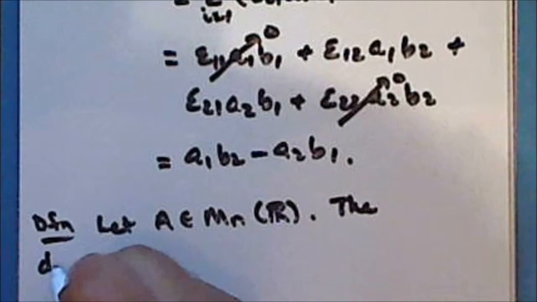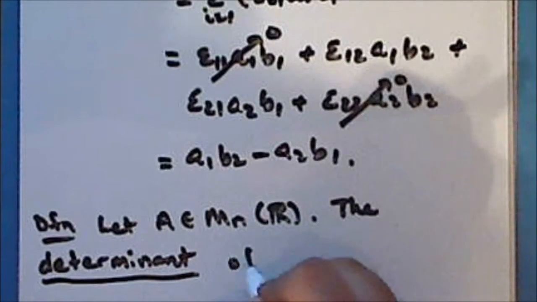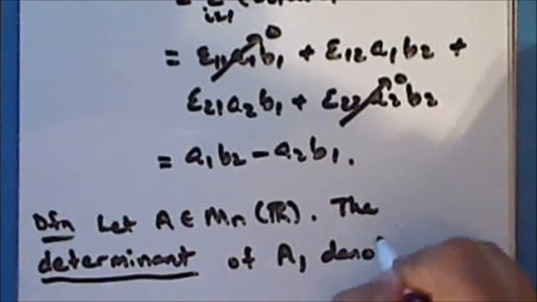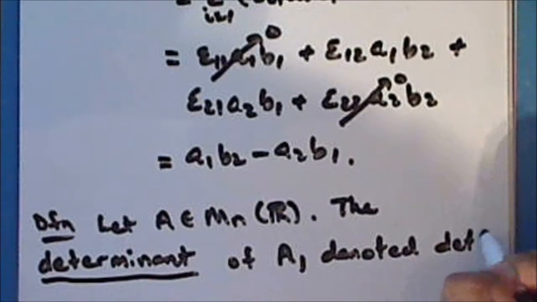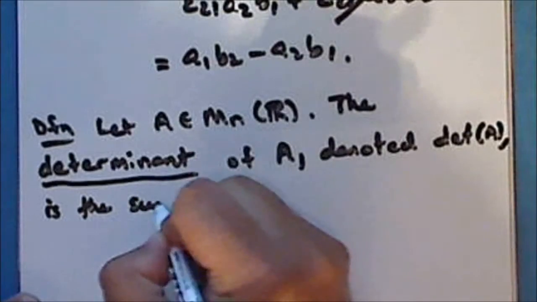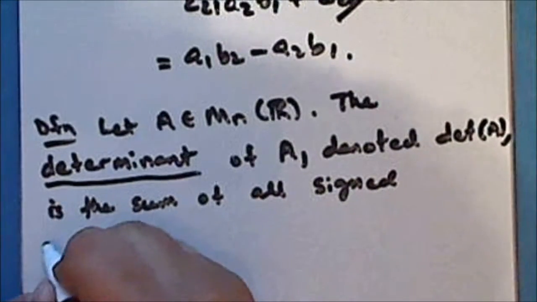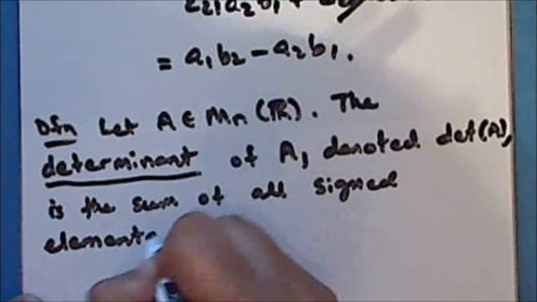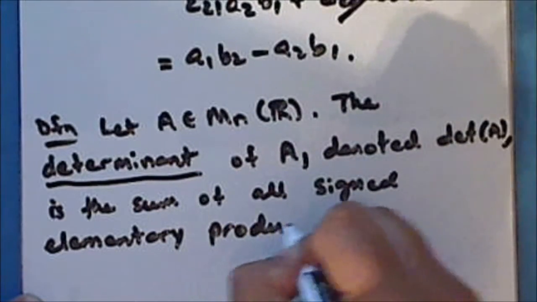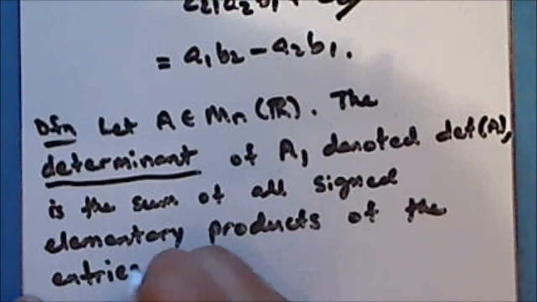The determinant of the matrix A, which is denoted det A, is the sum of all signed elementary products of the entries of the matrix A.